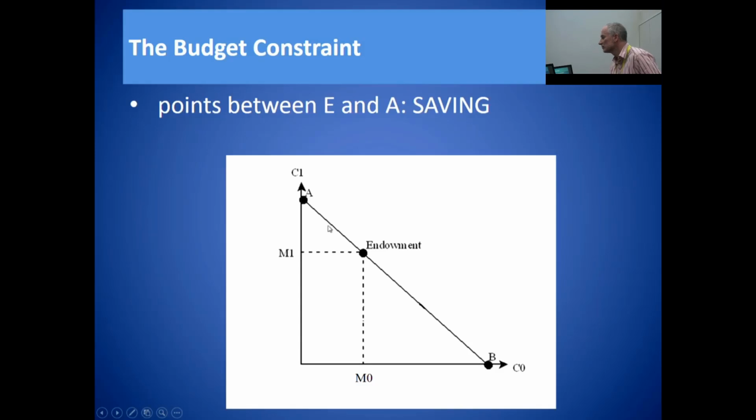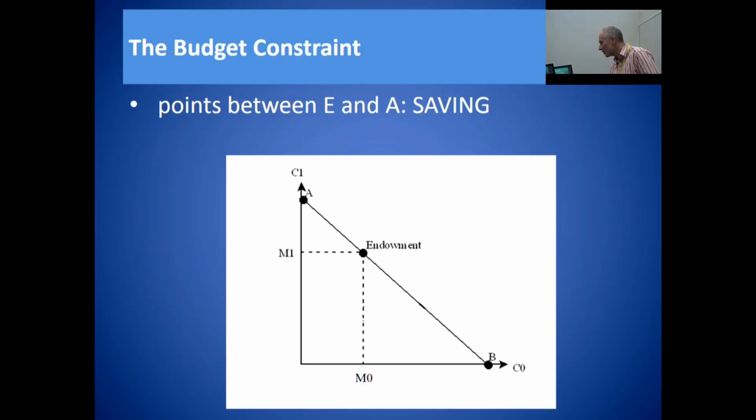It's decreasing. So that consumer has a certain amount of income, but he's spending less in the present than his income. And what's he doing with the rest of it? He's saving it. So any point on this budget constraint between point B and point A, anywhere to the left of the endowment point, means that the consumer is saving.